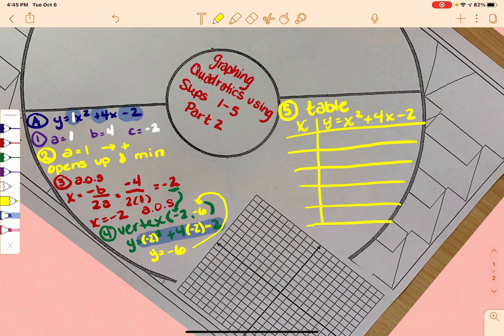And I know that the vertex point that I came up with right here is going to go right in the middle of my table. So I know -2, -6 is going to go here. Okay, now I need to figure out what comes before this and what comes after. So if this is -2, it's going to be -3 and -4. And the other side is going to be -1 and 0.